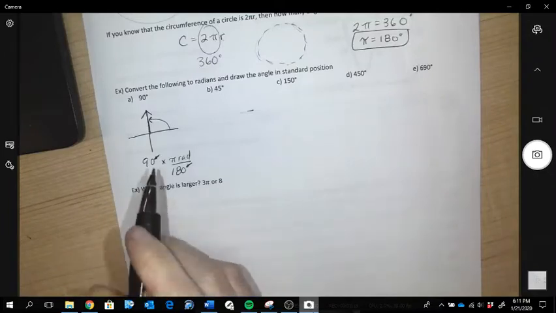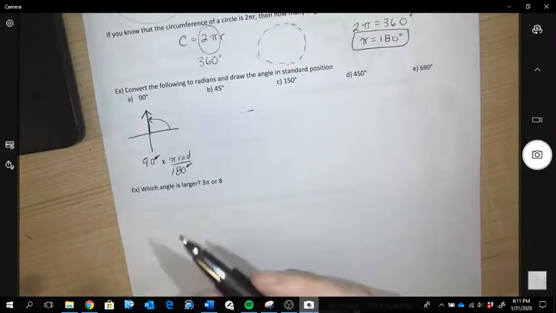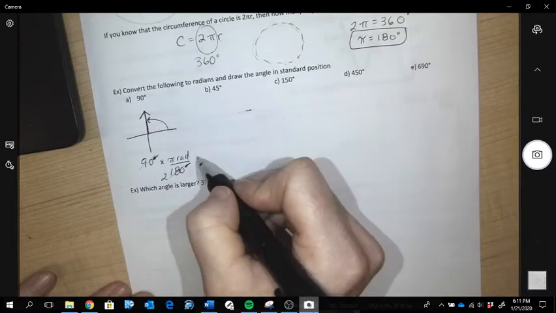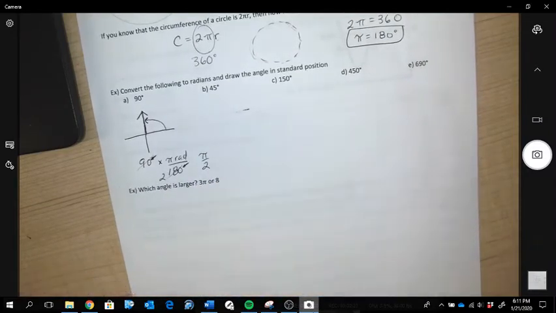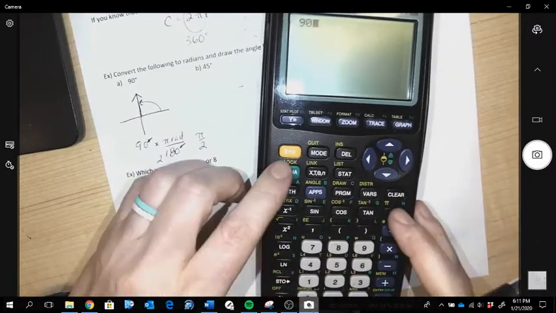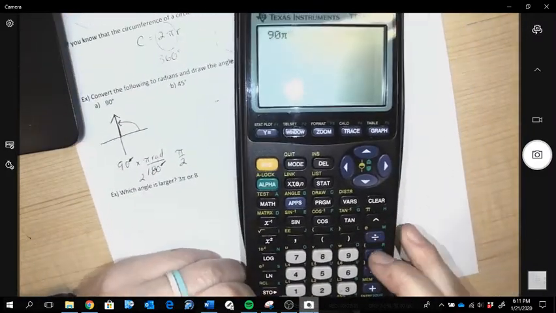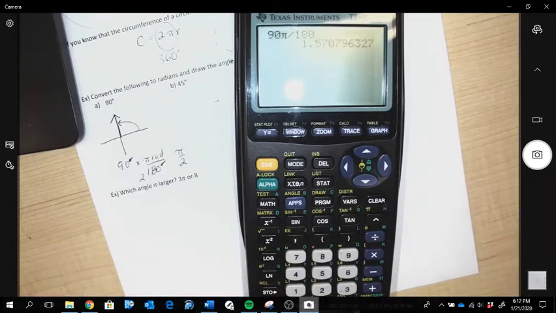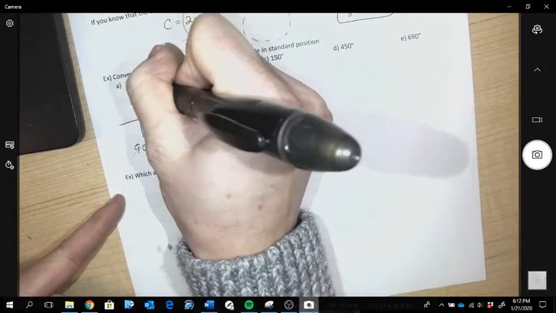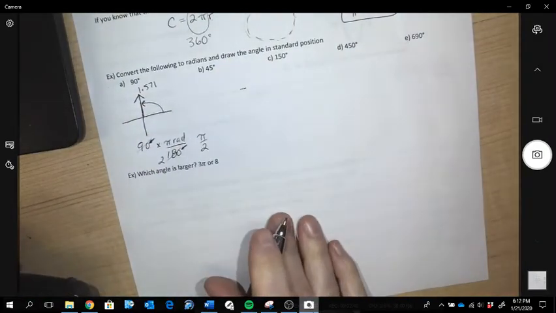Okay, and if you want, you might see this canceling the 90 out of each leaves you with pi over 2. If not, you could go 90 times pi divided by 180 and get 1.571. So that's how many radians that is.